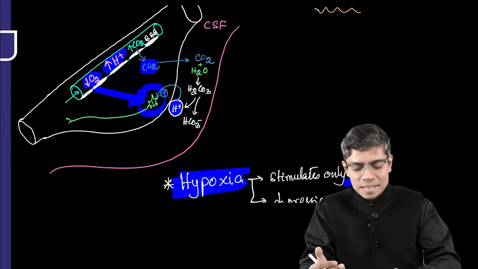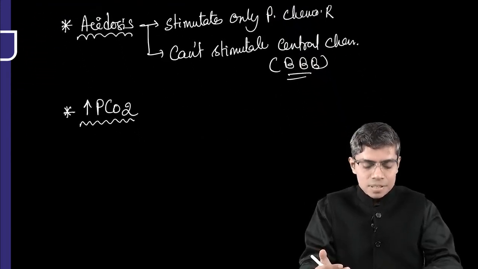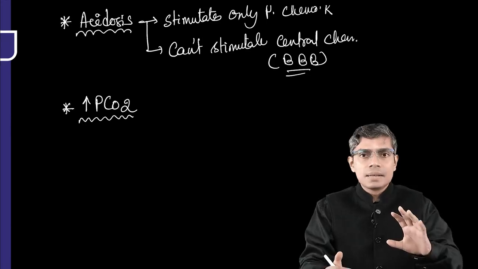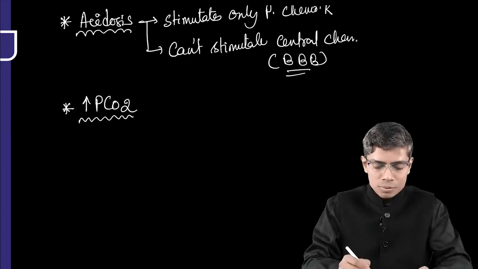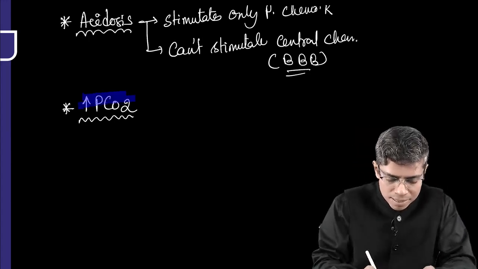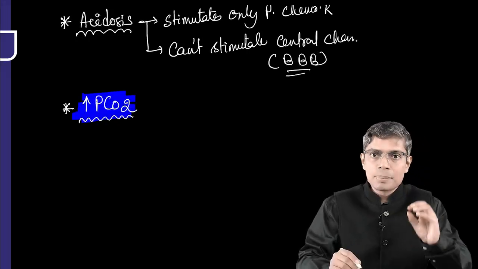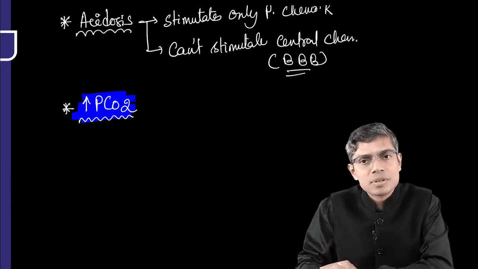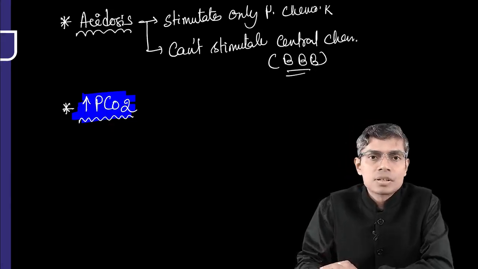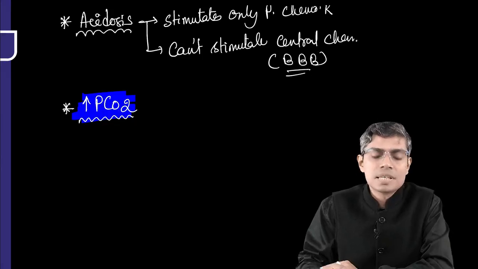So we have previously seen that H plus ion or acidosis is an indirect stimulus for peripheral chemoreceptor. Now we have seen that carbon dioxide is stimulating the peripheral chemoreceptor also, as well as the central chemoreceptor through production of H plus ion at the level of CSF.